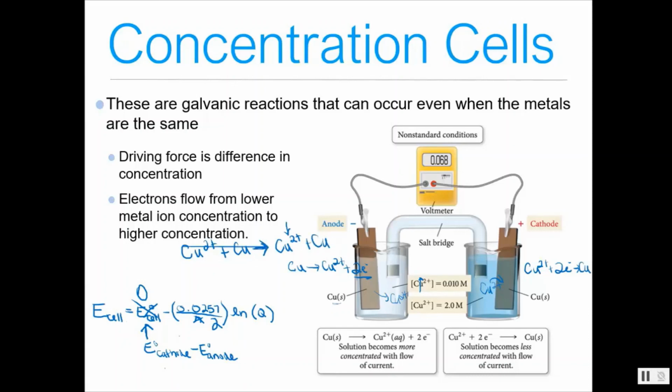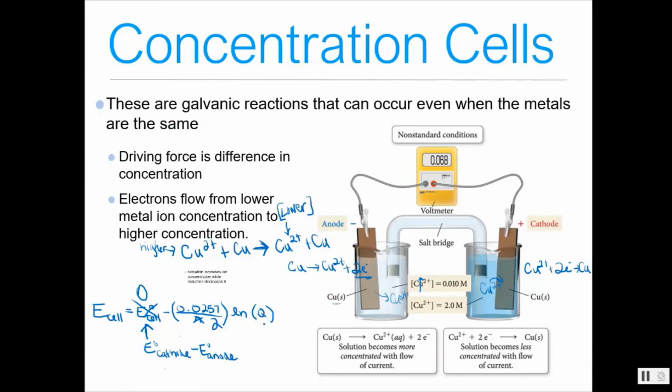This copper here is going to be the one at lower concentration. As the reaction proceeds forward, it will increase the amount of copper in this solution. And then this copper ion on our reactant side, that's our more concentrated copper. We want that copper ion concentration to go down as the reaction progresses, which would happen if this spontaneously moved in the forward direction.